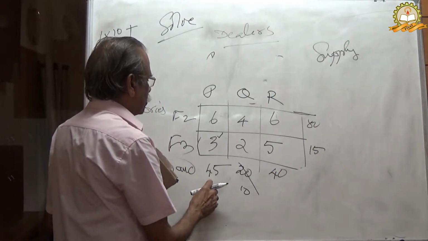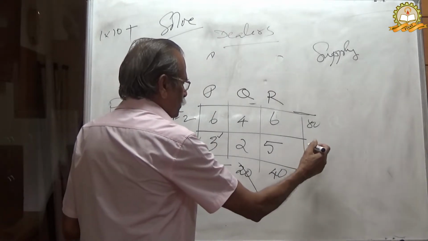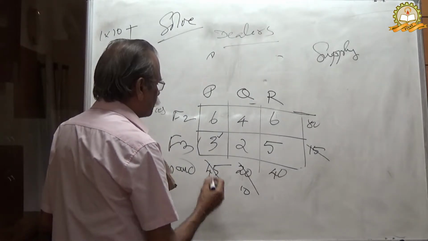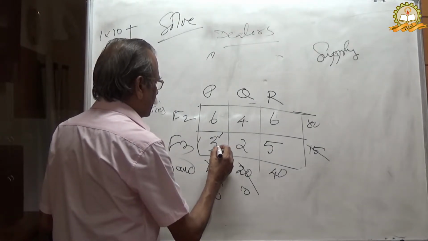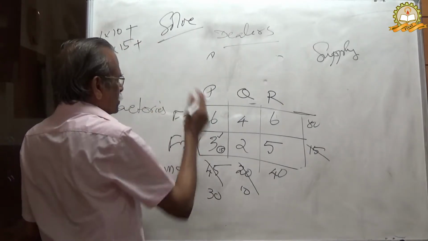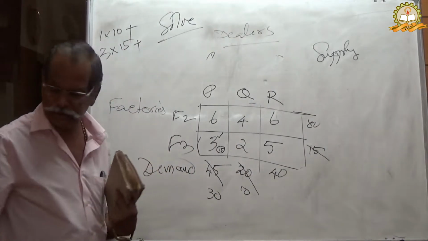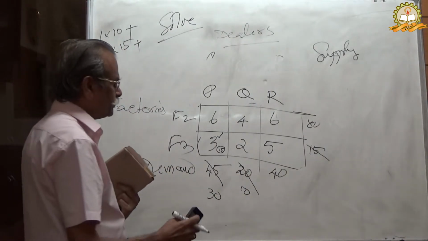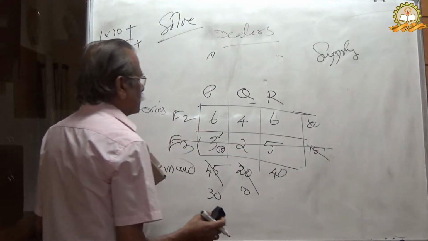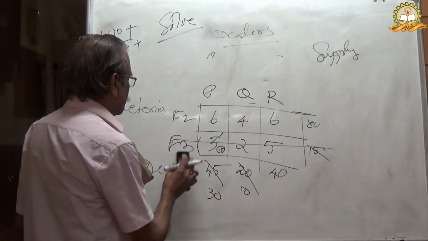Here the requirement of P is 45, but F3 can give only 15. Therefore, 15 is taken away, balance 30. Therefore, here it is 15. 3 into 15 plus 3 into 15, balance 30 requirement of P. You can cancel row number 3.